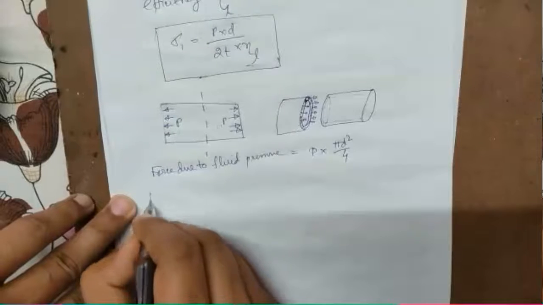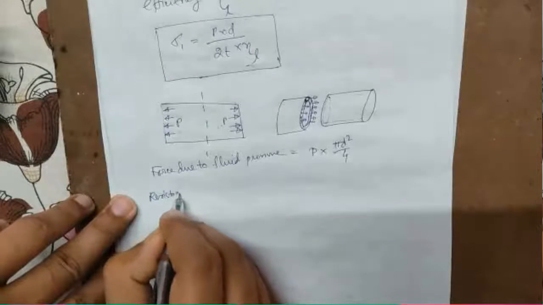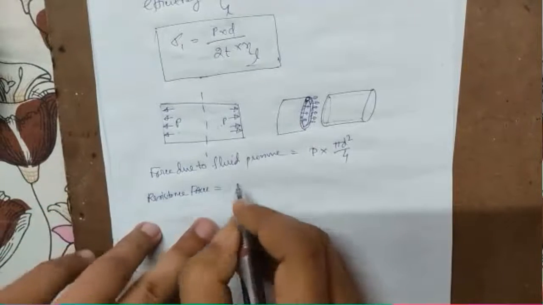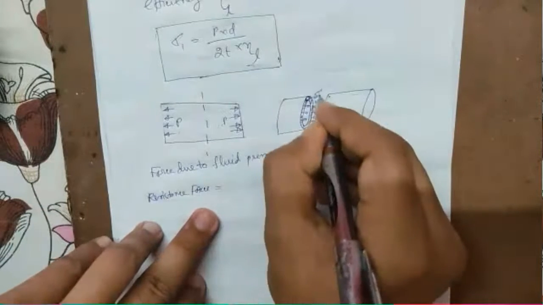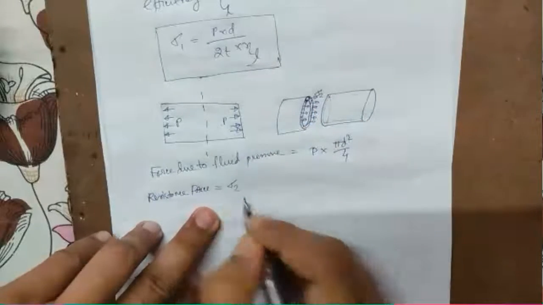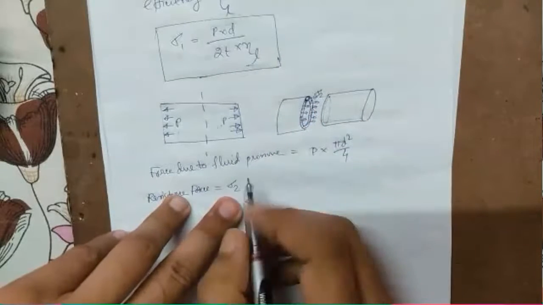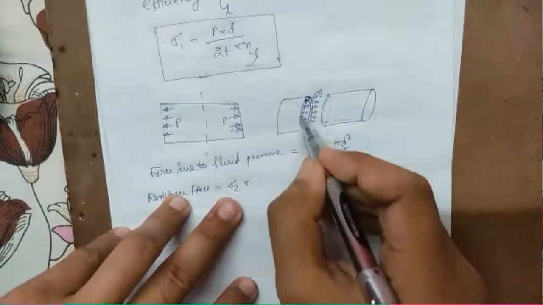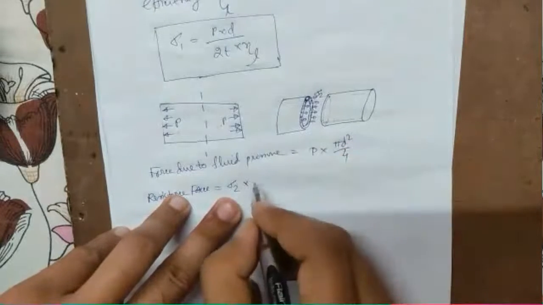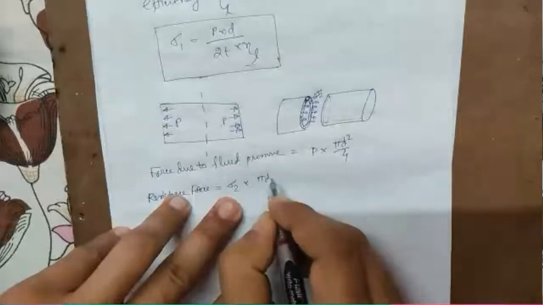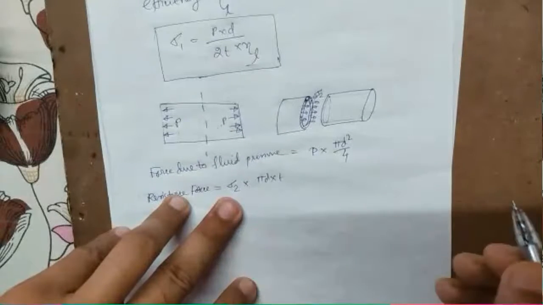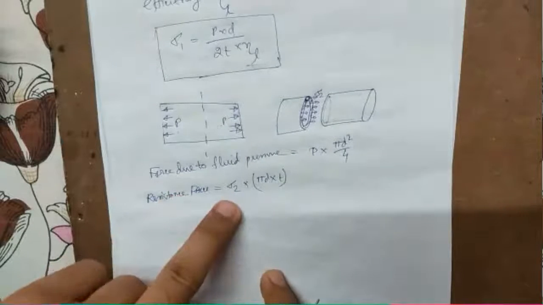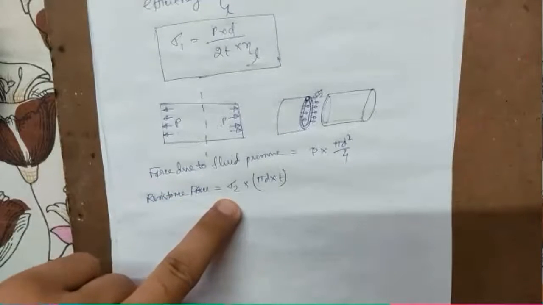So we can say the resistance force can be written as, if the longitudinal stress is sigma 2, and the area, this hatched area, that is pi d, which is the periphery, into t. So this is the area, and sigma 2 is the stress caused in the material.